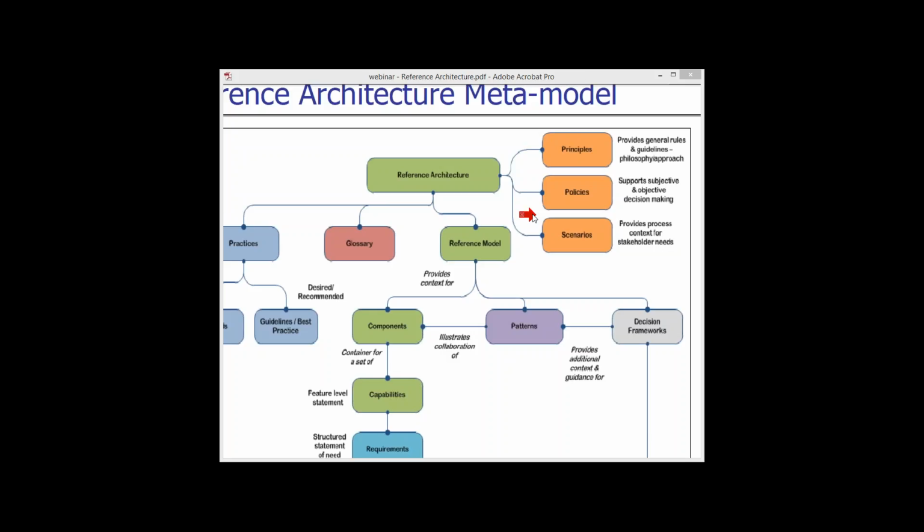So it's one thing to have low level detailed technical standards and detailed models, but we also need the high level verbiage and documents to describe the big rules that we're following that are associated with this architecture, what the key policies are, both business-wise and IT and architecture-wise, and what the business scenarios are. This is kind of an elaboration on the business use case concept where, particularly in areas that are very important and may not be well understood, we go out of our way to describe the exact process situation, the actors involved, and the processes and technologies that we're trying to assist, enable, or improve with this reference architecture.